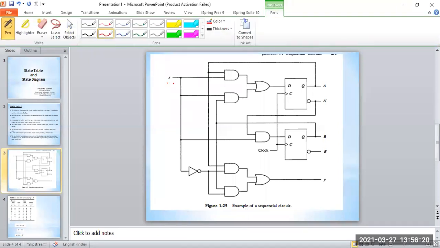X is the input, Y is the output, and A and B are the flip-flop states. Now let me explain one thing. A has a present state and a next state. Similarly, B also has a present state and a next state.